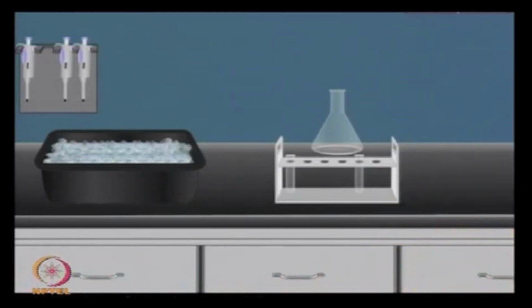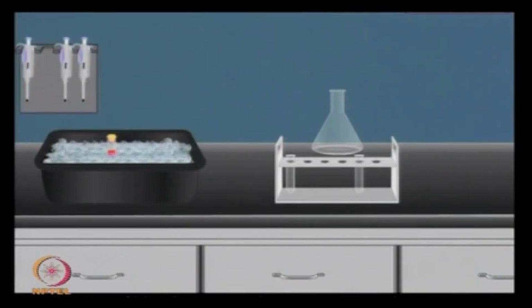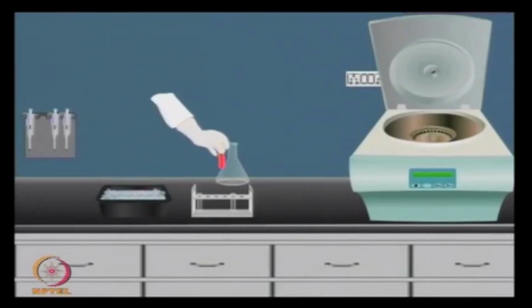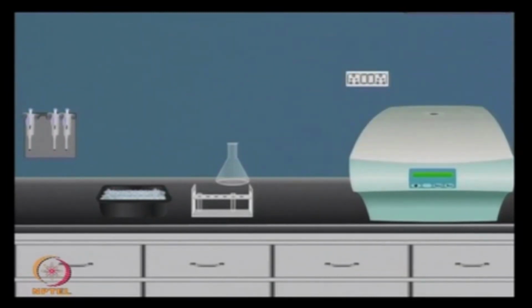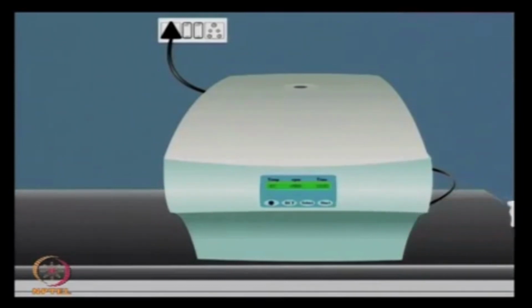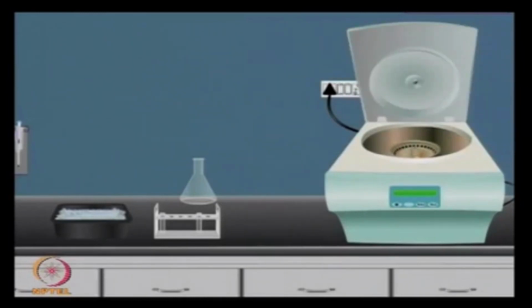First of all, carefully withdraw the intravenous blood into a vacuum tube and store the tube on ice to allow the blood to coagulate. Centrifuge the contents to separate coagulated blood cells and clotting factors from the serum, which forms a clear supernatant. After centrifugation is done, collect the obtained serum in a fresh tube.